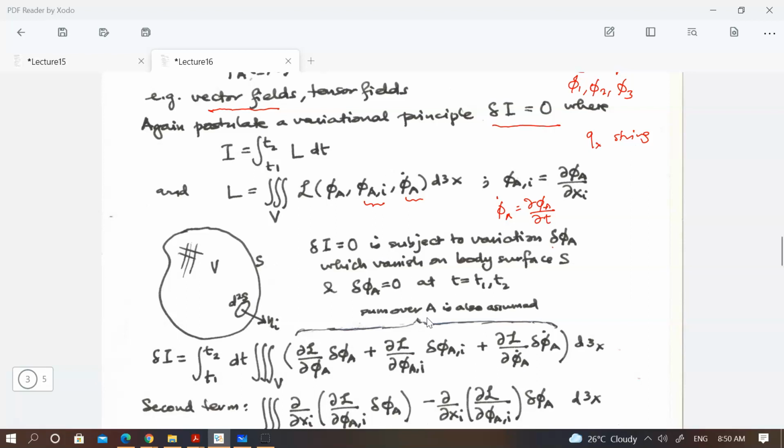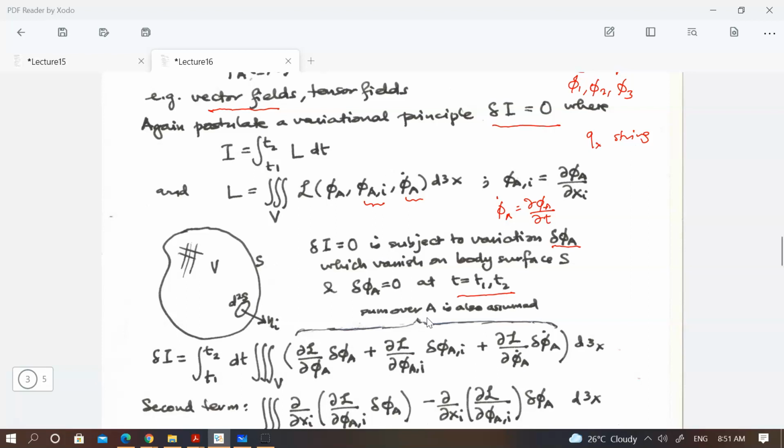So in the end, it will just depend on the variation of the fields. This variation of the fields will have to be fixed using a boundary condition, so that at fixed time, the initial time and the final time, that variation is going to be equal to 0.